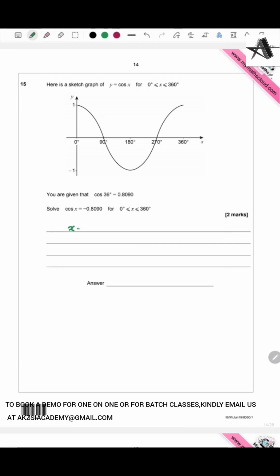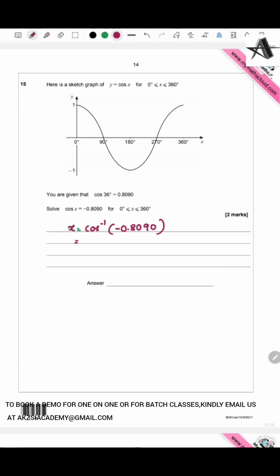So x is then cos inverse negative 0.8090, because they have already mentioned that cos 36 degrees is 0.8090. Here we can use this one, and they have given a graph. This is non-calculator.